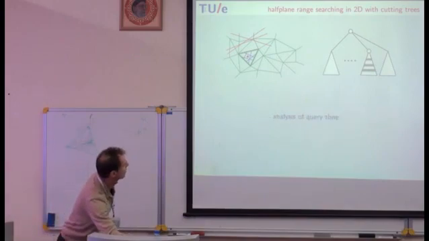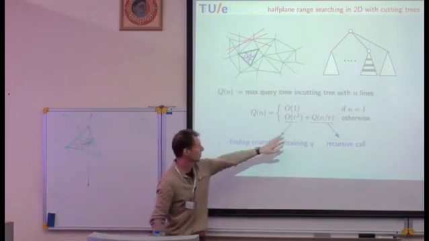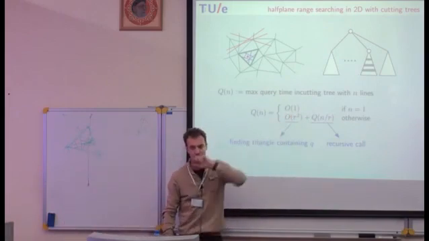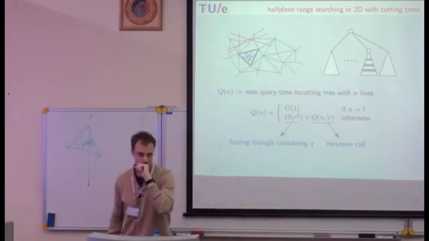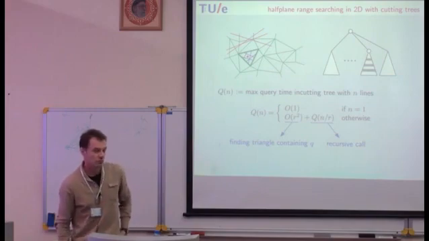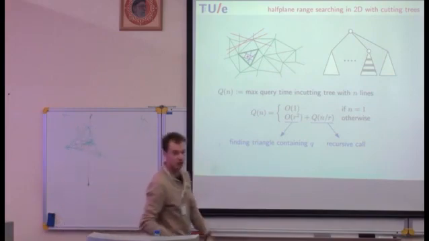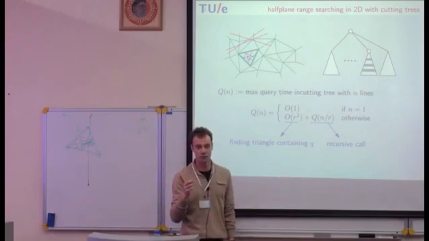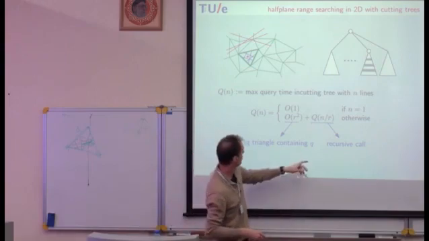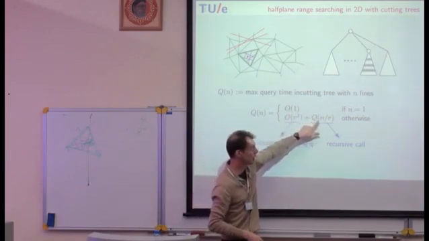So the query time, so this was the query time. So what's the solution to this recurrence? Well, it's just going to be log n, right? For instance, even if I take r equals 2, then here I get O of 1 plus q of n divided by 2.